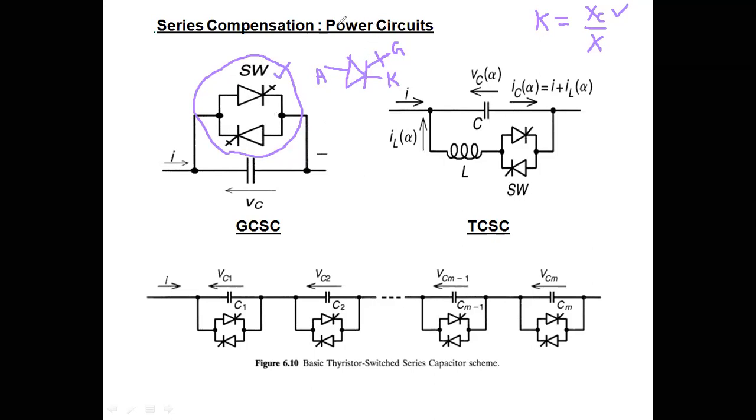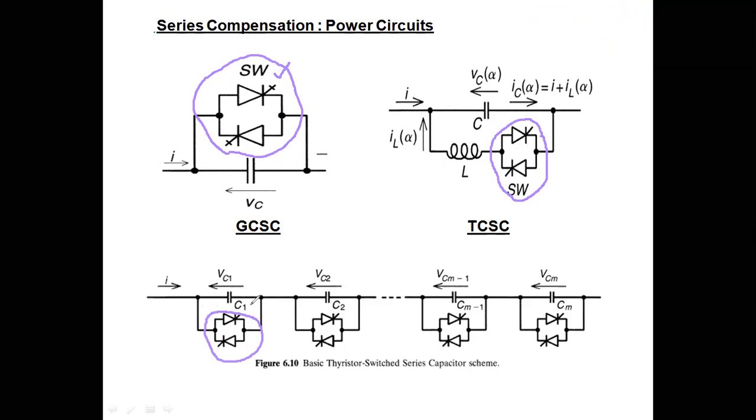Whether it is a thyristor switch or the GTO or any other, you can observe that there is an anti-parallel connection. Thyristors are connected anti-parallel or GTOs are connected anti-parallel. That is taken as an AC switch.